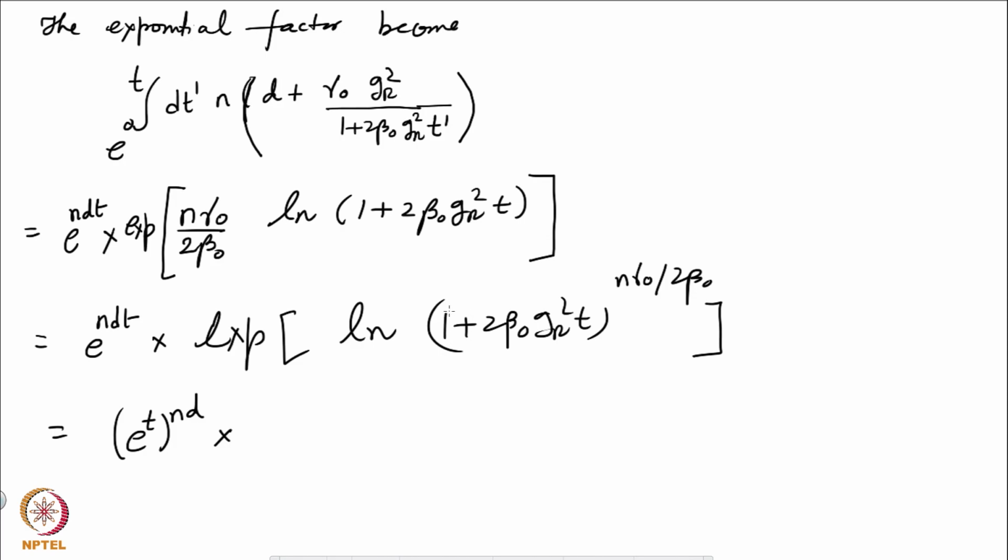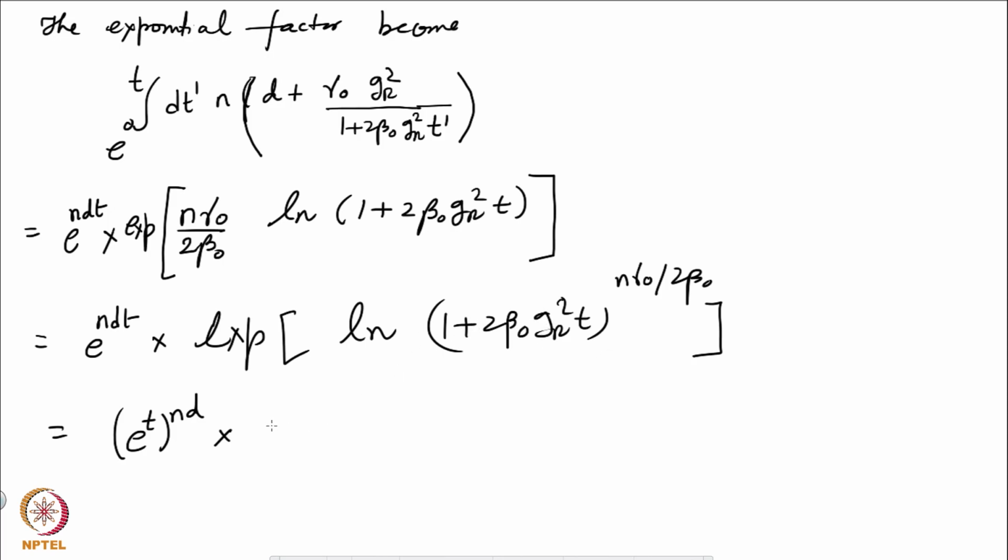so I'll just drop this one, right? I'm in the t going to infinity limit, so I have been dropping all the constants. I will drop this, because 1 plus 2 beta naught g r square t, where t is infinite, is the same as 2 beta naught g r square t, in the t going to infinity limit.